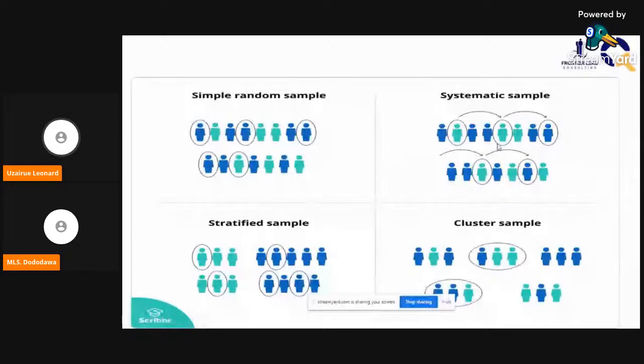An example is just like the one with the students I mentioned earlier. Let's say after you've given them numbers, you then randomly select a starting point. You have to randomly select a starting point because you cannot determine where you are going to start.